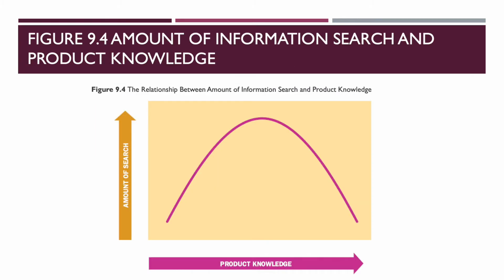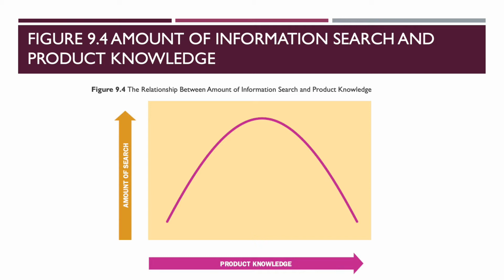The figure on the slide, 9.4, amount of information search and product knowledge, shows us that there is an inverted U relationship between knowledge and external search effort. People with very limited expertise may not feel they are competent to search extensively.